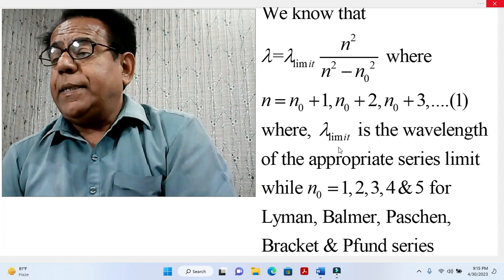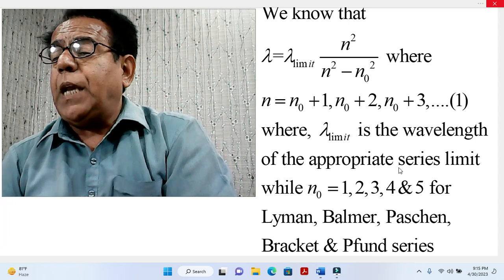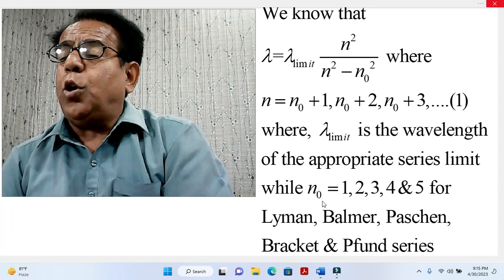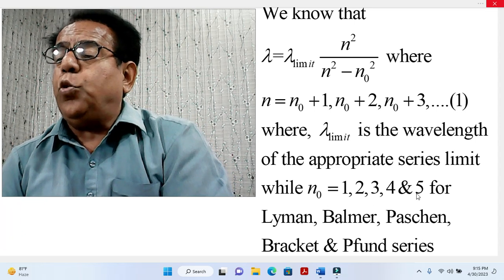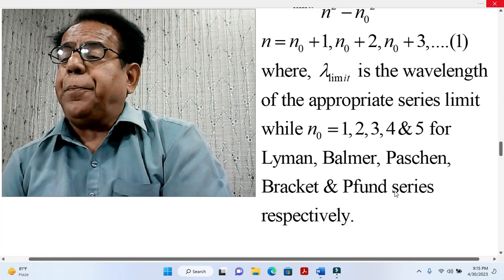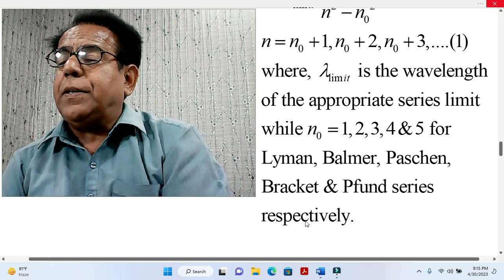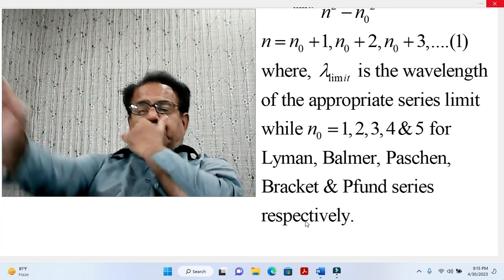where lambda limit is the wavelength of the appropriate series limit, while n naught is equal to 1, 2, 3, 4 and 5 for Lyman, Balmer, Paschen, Brackett and Pfund series respectively. What is meant?